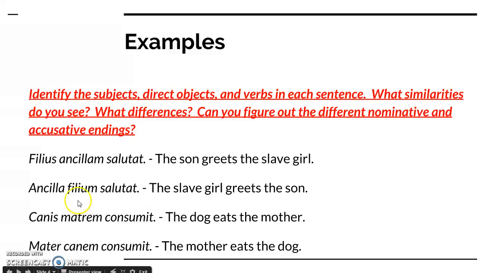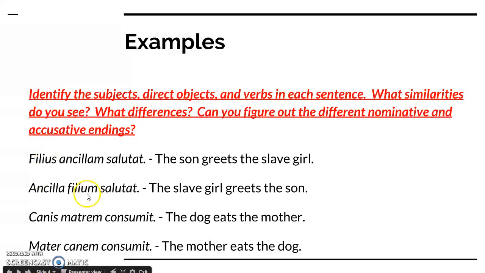Notice the difference here. When the son up here was the subject, it was filius. But now that he's the direct object, it is filium, and vice versa. The slave girl up here, when she was direct object, was ancillam, and down here, she is ancilla. So you can figure out now that when something is a subject in Latin, it has a different ending from when it is a direct object.